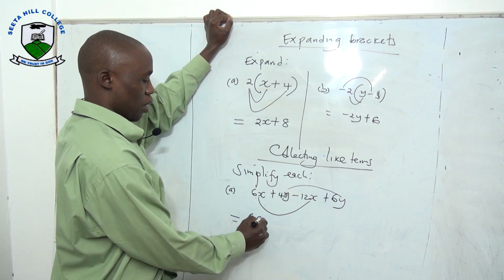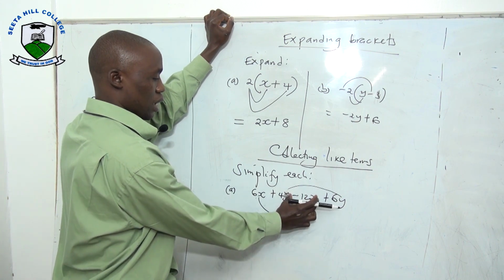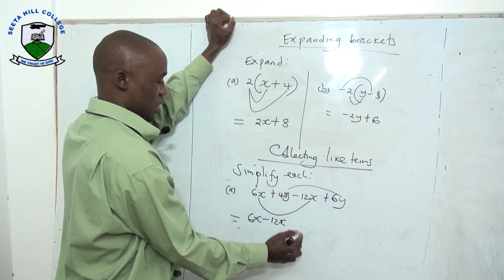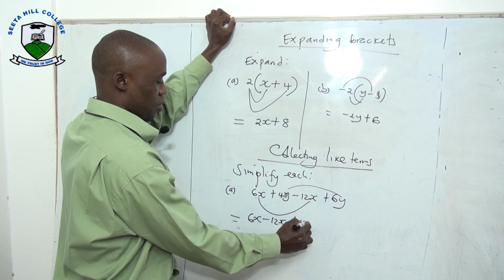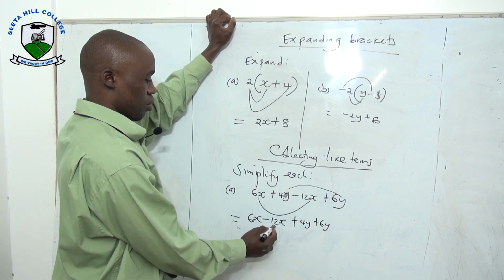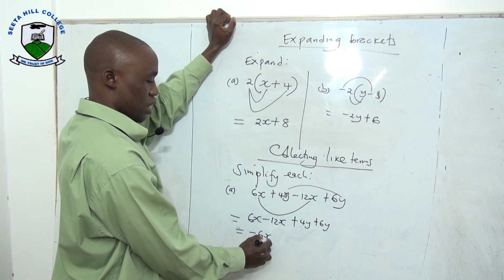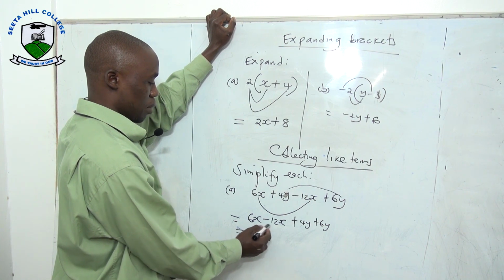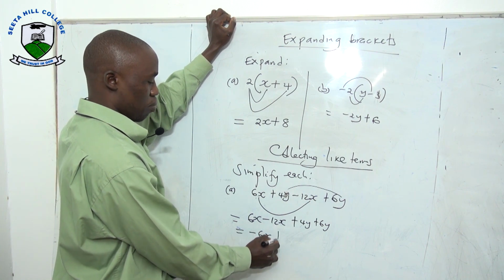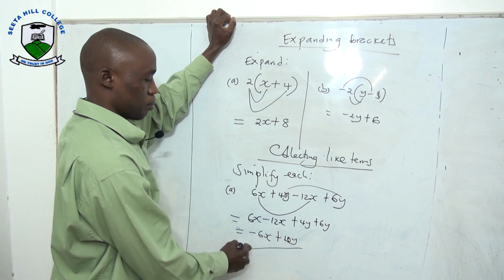Because 12 is withholding that minus. It comes with its sign. Yes. Then plus 4y plus 6y. Then 6x minus 12x, negative 6x. That means you subtract 6 minus 12. Then plus 4 plus 6, 10y. 10y.